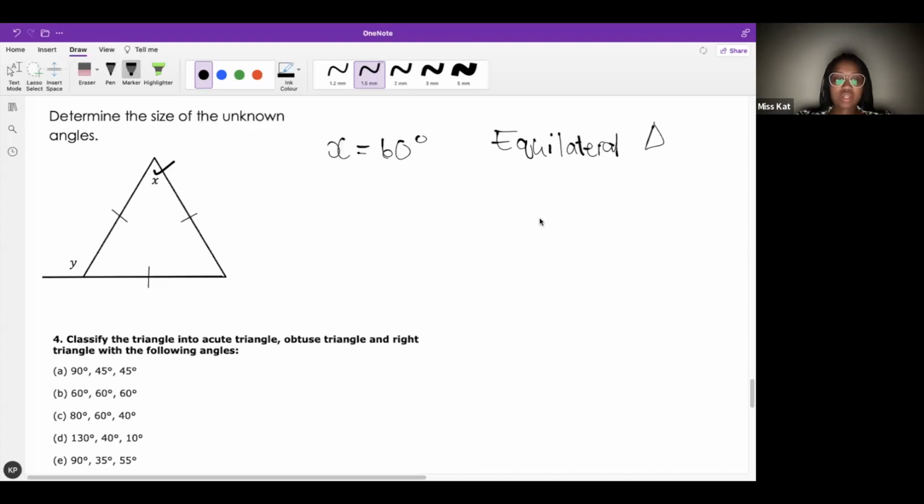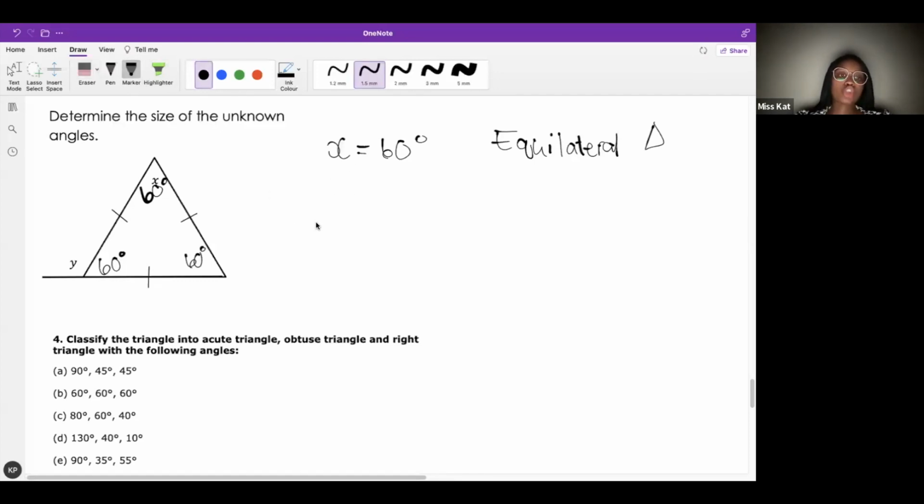Vuyani, yes. Ma'am, if it's an equilateral, that means all the angles are 60. And if it's like that, we can use the sum of two opposite interior angles equal to the exterior angle. Nice, Vuyani. You guys are so much ahead. This was supposed to be next week's lesson.